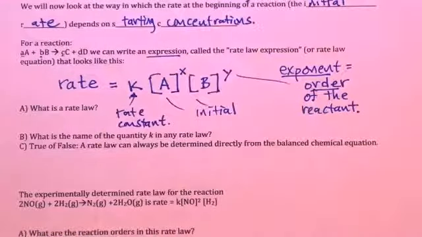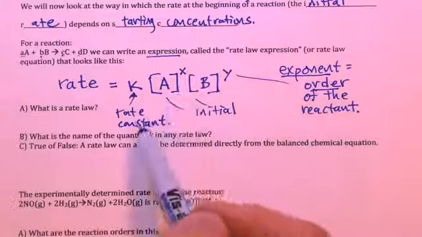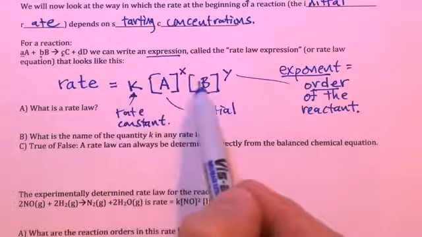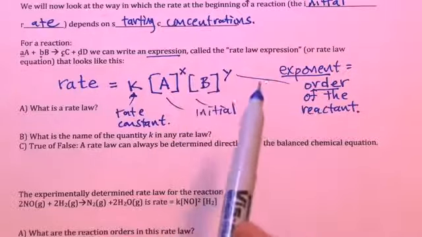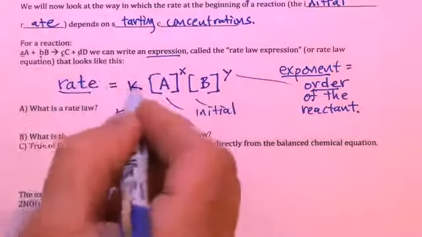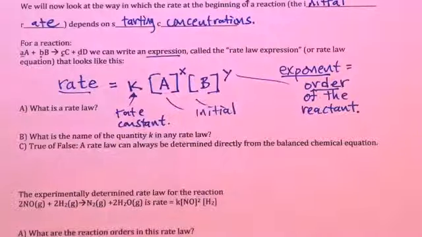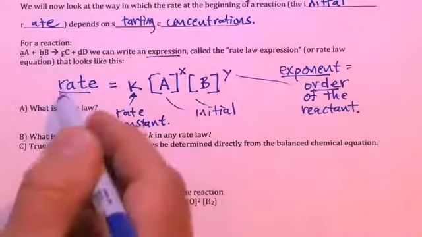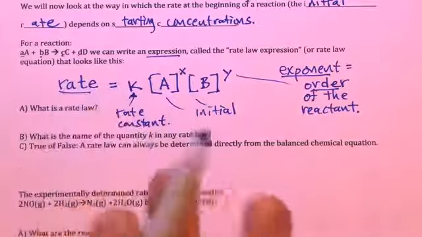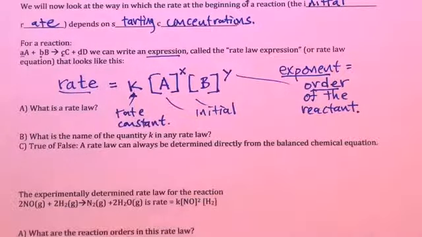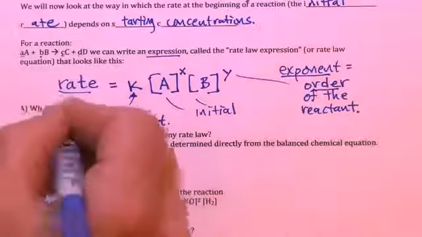It's the same number for any concentration of A or any concentration of B in that particular reaction. Of course, the rate depends on all of these things. You can write a rate expression like this for any reaction as long as it is at one constant temperature. The rate will change if you vary the temperature, which we'll talk about later in section 14.5.